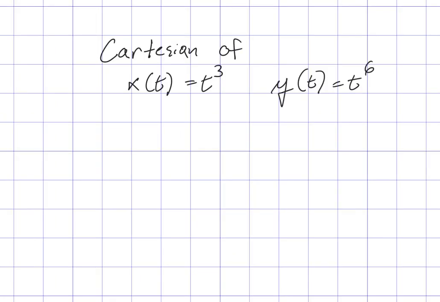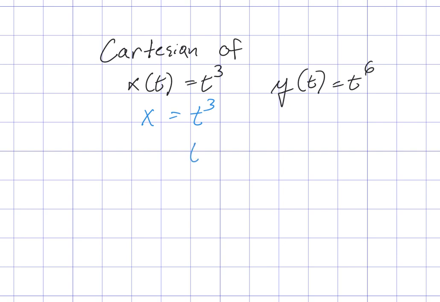What if it's not sines and cosines? If I just have something like this, how can I convert it into a Cartesian set? I would do it like I said before. Consider this and just think, well, this is x equals t cubed. And what we're going to do is solve for t in one of them and then plug it back into the other equation.